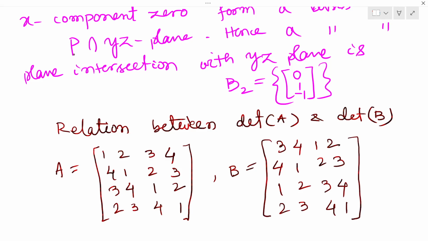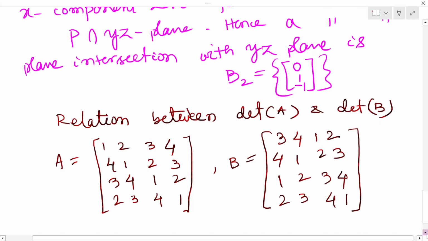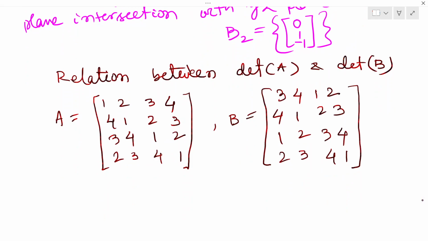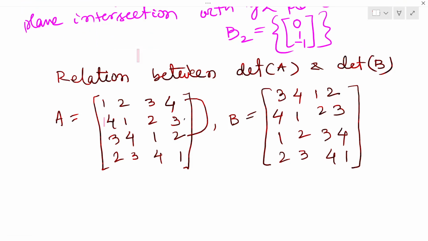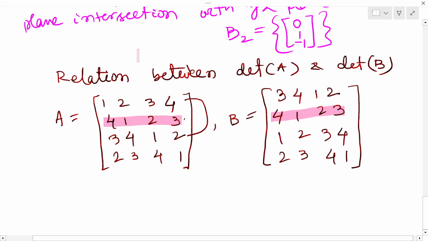This is the question. The determinant of these two matrices, what is the relation? Now let us observe thoroughly. If I interchange these two rows of A, then I get the matrix B, nothing else. Observe this row is same as this row, and this row is same as this row.